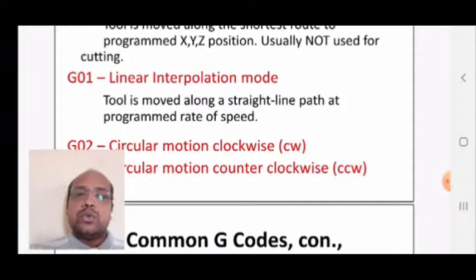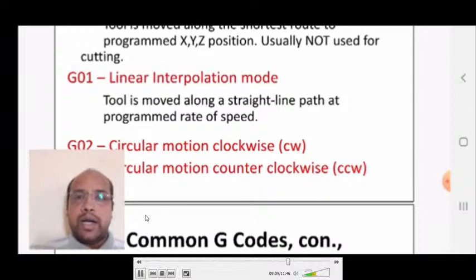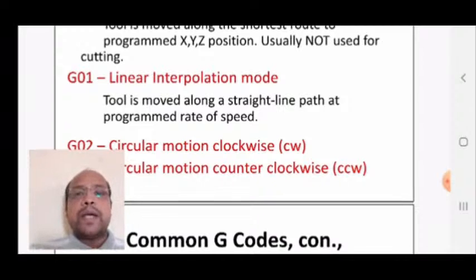So you can move the tool from the initial coordinate to the final. Feed rate: again I am repeating, while defining G01 you must define the feed rate. We are going to learn a part program, and in the part program writing we will see how to define the G01 code.